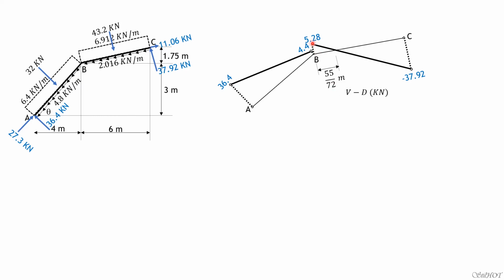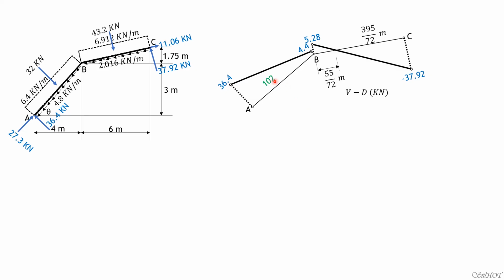The other way is you apply similar triangles to solve for this distance. 5.28 is to this distance as 37.92 is to 6.25 minus this distance. So you'll get 55 over 72. But the shortest way is shear divided by uniform load 6.912. So therefore, this distance is 6.25 minus 55 over 72. That's the equivalent exact length.